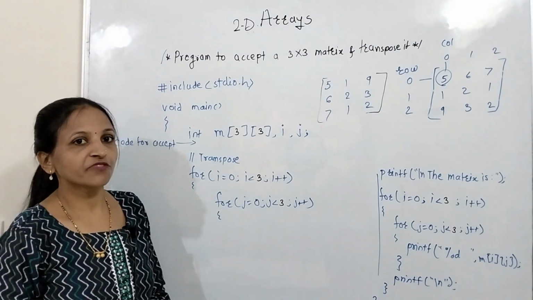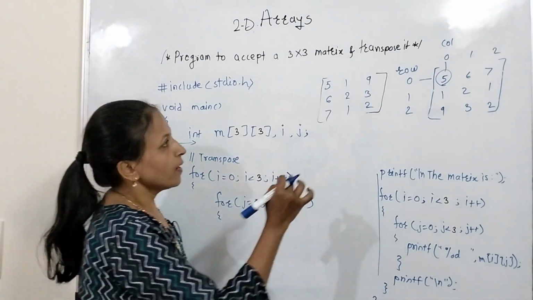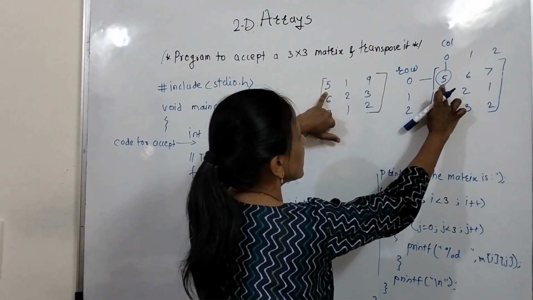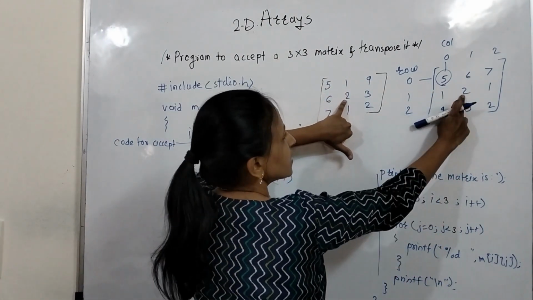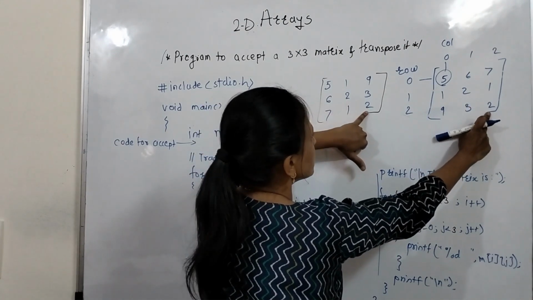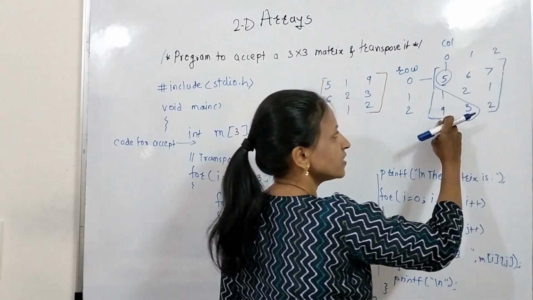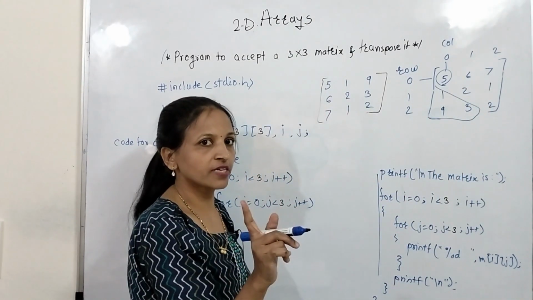Okay, while transposing a matrix, how to do that? See, in this matrix and in this matrix you can see that the first element will be as it is, this one will be as it is, 2 2, and this one will be as it is. And now the lower triangular matrix is shifted here, and this one is shifted here. Now we can do it like this.